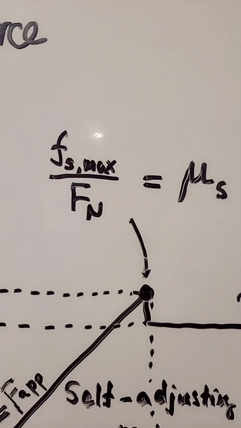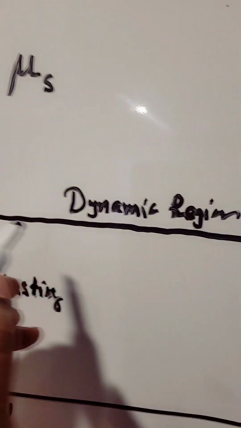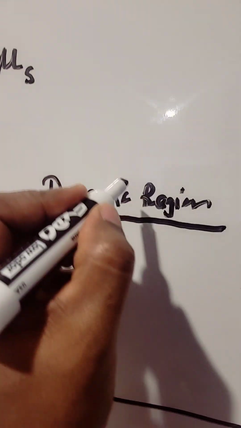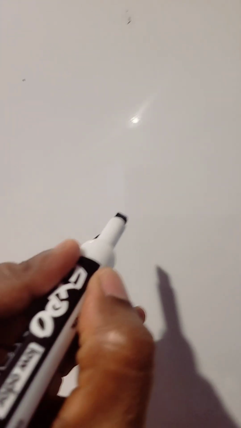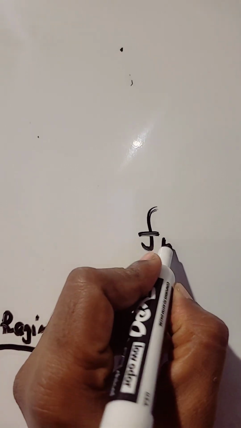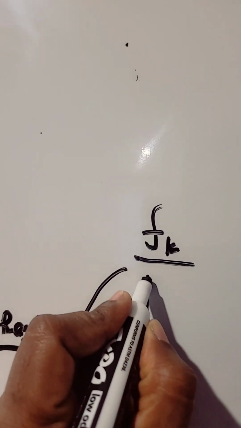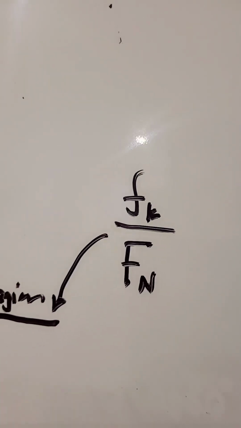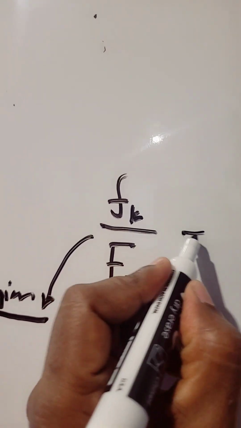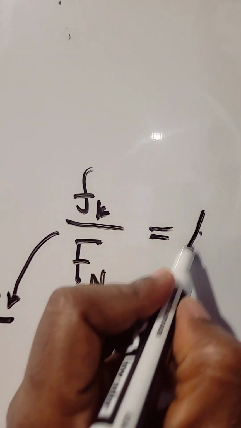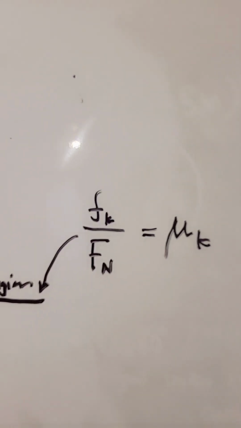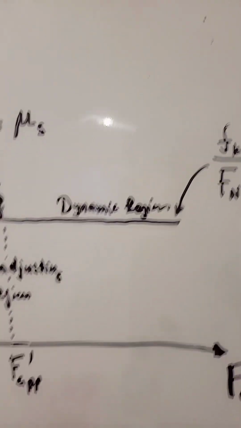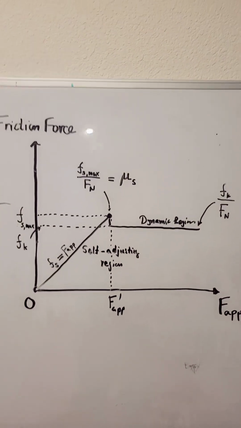And similarly, for the dynamic region, we can have another ratio, the kinetic friction over the normal force. This ratio is also a constant. That's called the coefficient of kinetic friction.